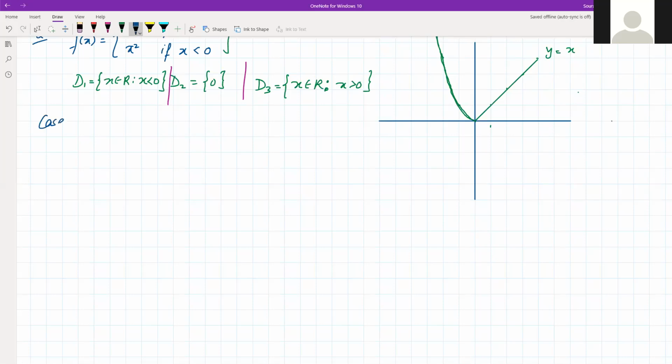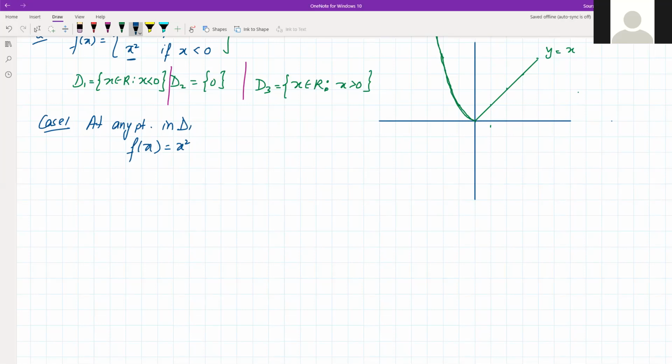That is, case 1, at any point in the first domain. In that case, what is the function? You can see that f(x) equals x square, and we know that it is a continuous function.